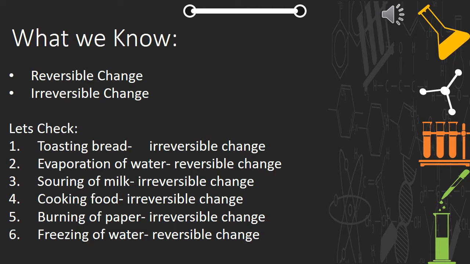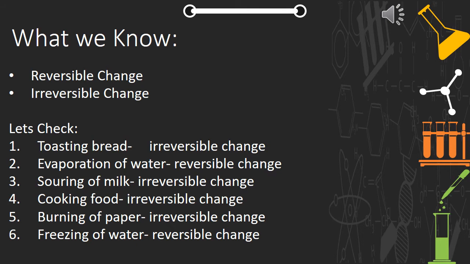The change that can be reversed easily by reversing the conditions to obtain a substance in its original form is called a reversible change. And what is irreversible change? The change that cannot be reversed even by changing the conditions to obtain a substance back into its original form is called an irreversible change.